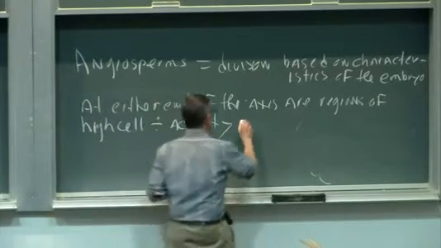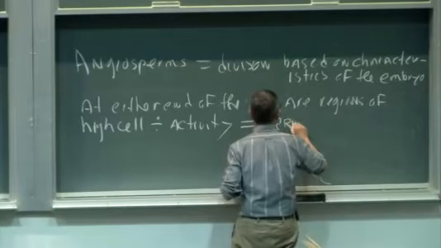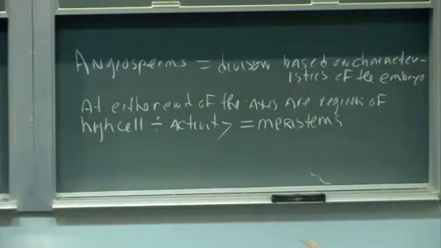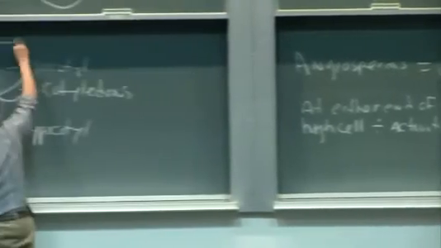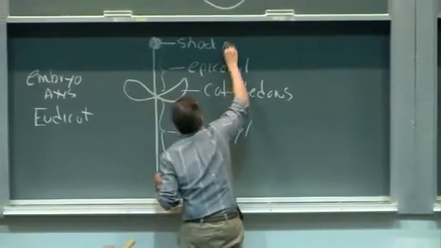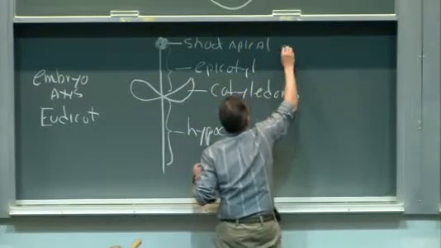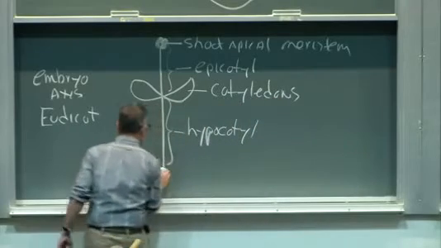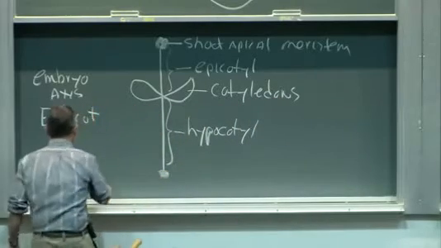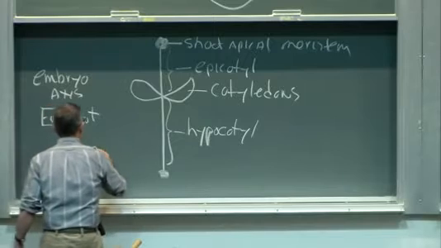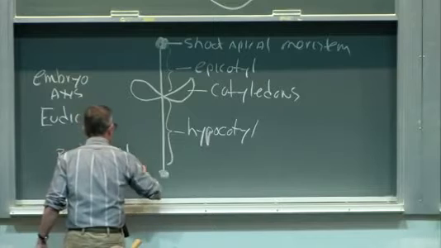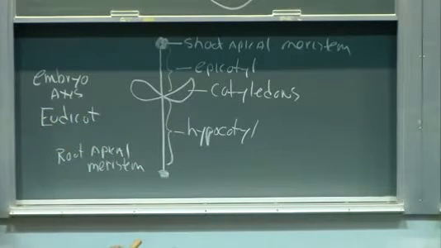And we call these regions meristems. And there's one located at the shoot end. This is known as the shoot apical meristem, because it's at the tip. And there's one located at the tip where the root would be, which is the root apical meristem. So these are regions which have a lot of cell division activity going on.